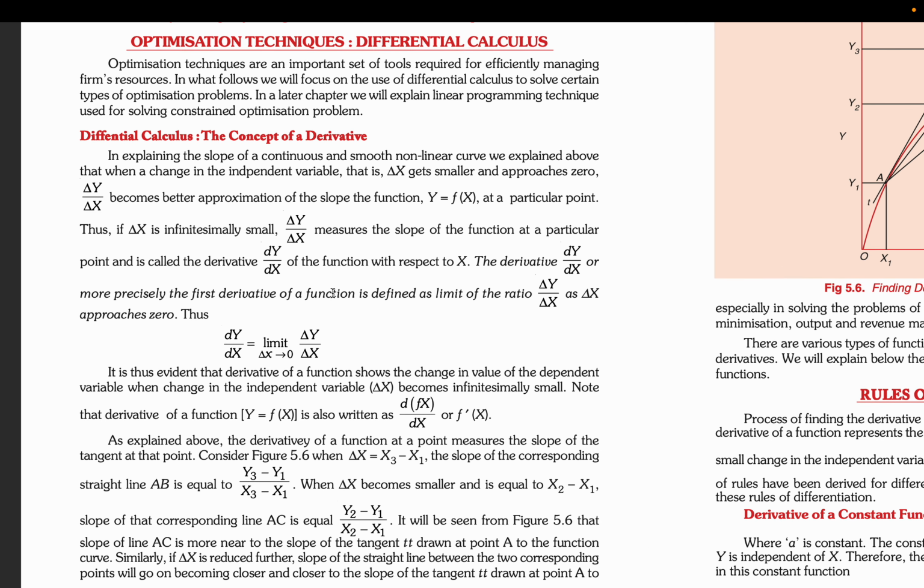The derivative dy by dx, or more precisely the first derivative of a function, is defined as the limit of the ratio delta y by delta x as delta x approaches 0. Thus dy by dx is equal to the limit, as change in x approaches 0, of delta y by delta x.